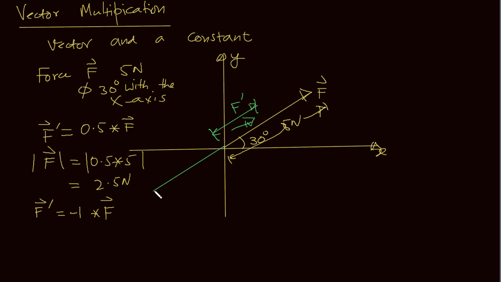So now F prime is in this direction. Magnitude of F prime is equal to magnitude of F, but the direction is exactly opposite. This is what multiplication with -1 does. Magnitude remains the same, direction changes to the opposite.